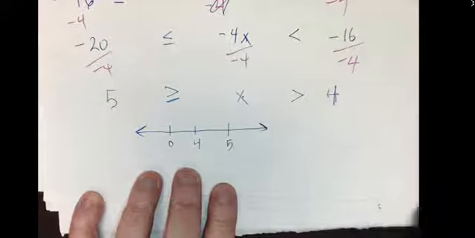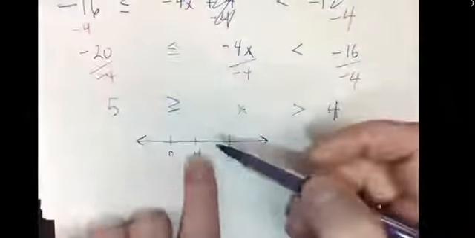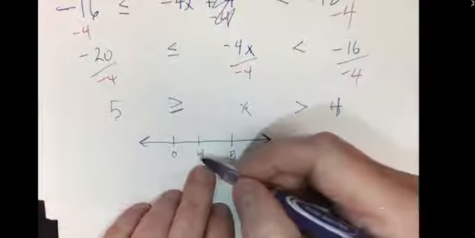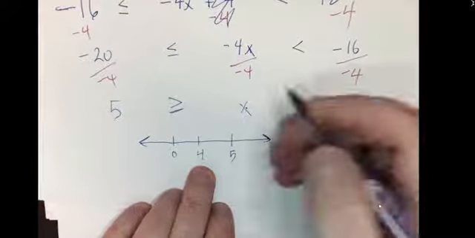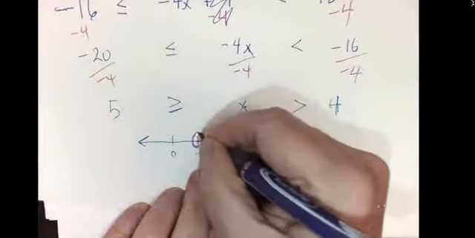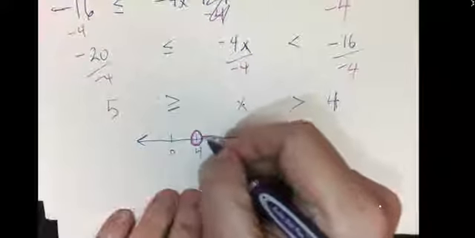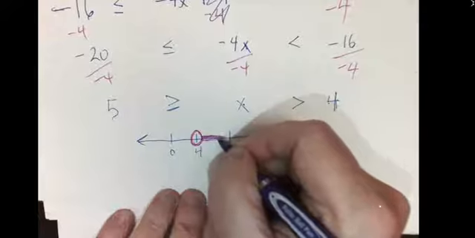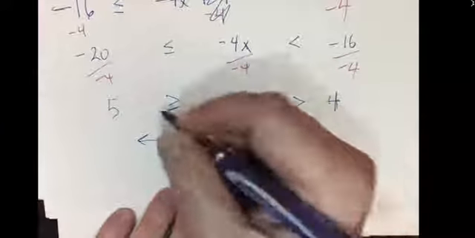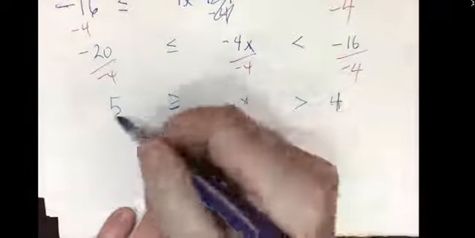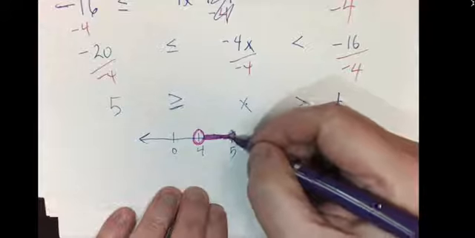Now, I'm going to draw where this is. X is somewhere in between here. We're going to start at 4. It's not allowed to be 4. It can be anything between 4 and 5. And as you can see from this symbol, it is allowed to be 5.